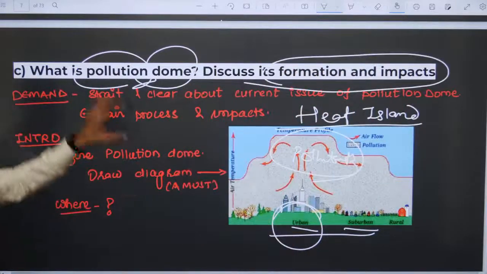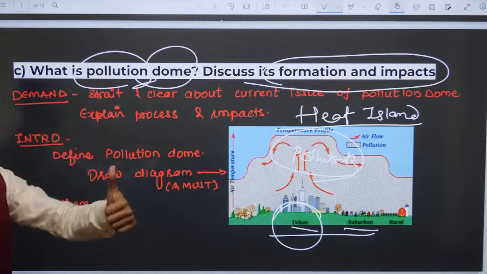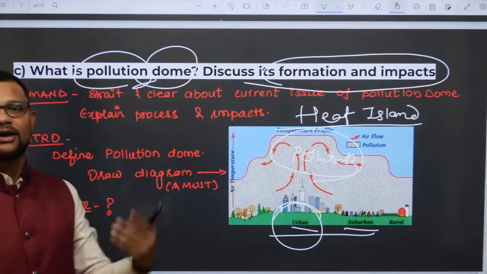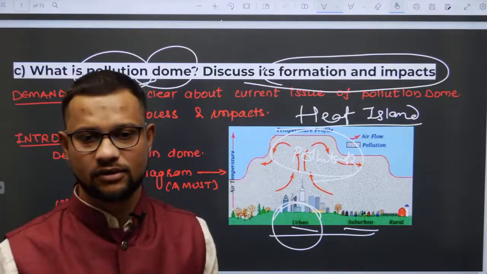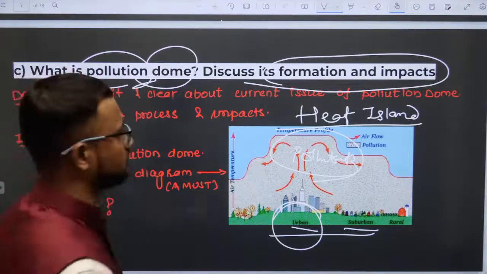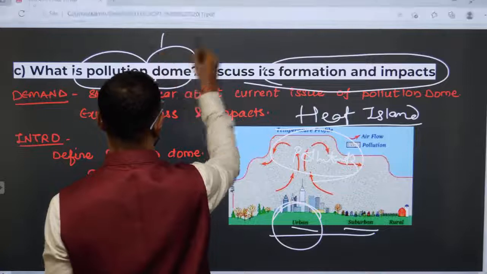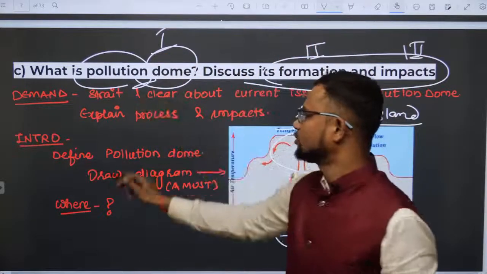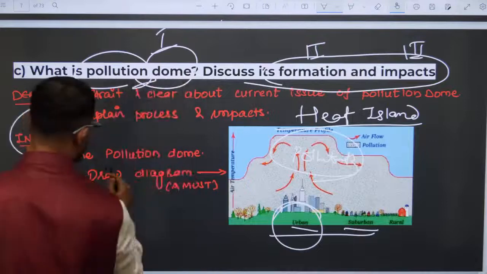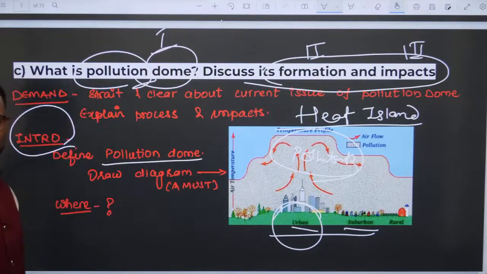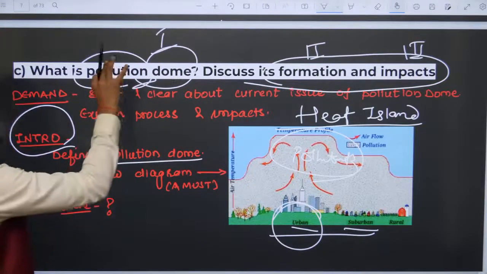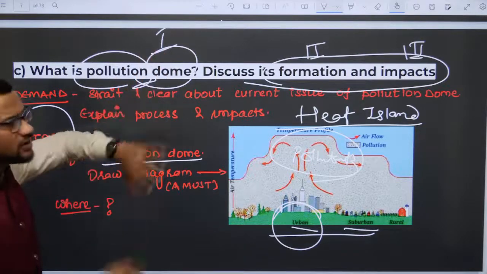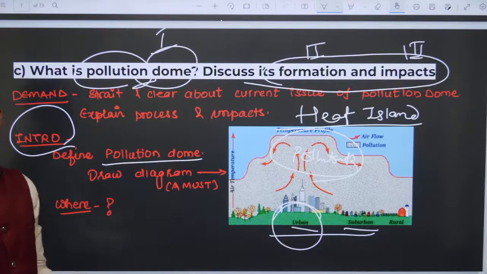As simple as that. तो देखो इसमें भी 3 पार्ट्स हैं, first pollution dome, then formation, then impact, 3 parts. Right, 3 points, done, you will be getting more than average marks. ठीक है, first part, second part and third part, done. ठीक है, तो introduction, what you will be writing, define the pollution dome first. Even one who is not aware about this concept can absolutely write it. मीनिंग से ही पता चल रहा है, dome means a dome shape रहेगा and formed by pollutants, right?